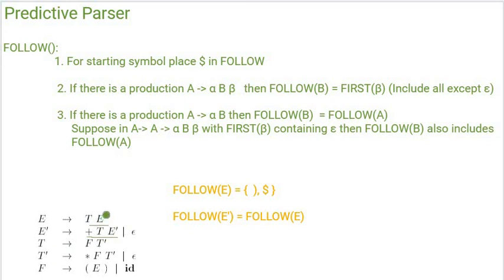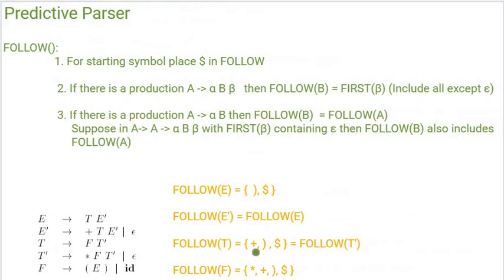Follow of T will be first of E dash. So already we computed first of E dash, nothing but plus and epsilon. So you just add plus with it, and you should not add epsilon because follow of a terminal or a non-terminal will not have epsilon in it.